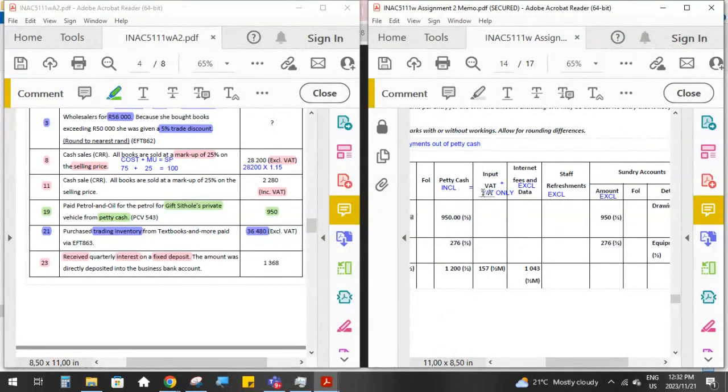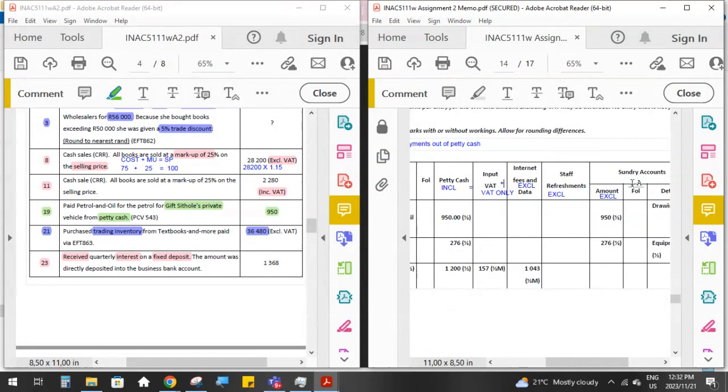So either VAT plus internet, VAT plus staff, or VAT plus this amount, okay? So whatever we write on this amount, 157 plus 103, must equal what goes in the petty cash column. Whatever we've got on this side of the equal sign, which in this case is only 950, must be the same on the left. Whatever we've got on this side, which is only 276, must be exactly what we've got on the left-hand side of our equation.